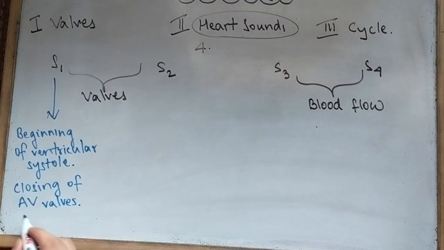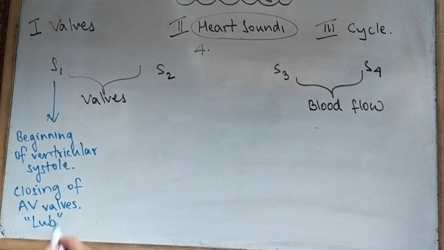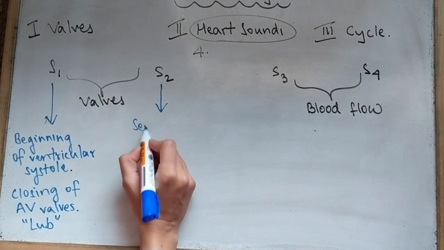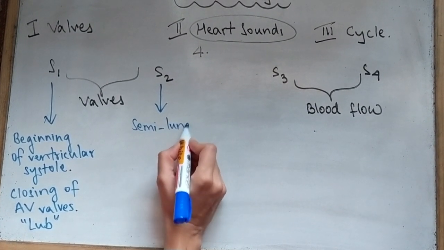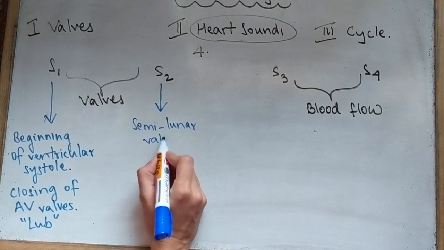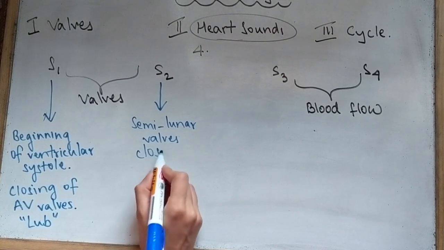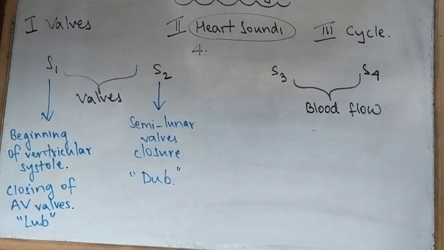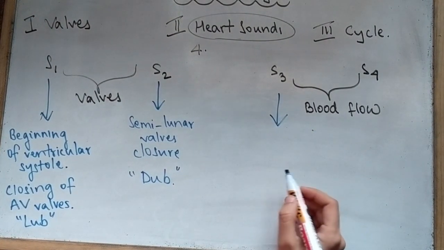So this causes a rumbling lub sound that we say. And then S2 is the closure of the aortic and the pulmonary valves, and it manifests as a rumbling dub sound. So we say the heart's got a lub dub sound.